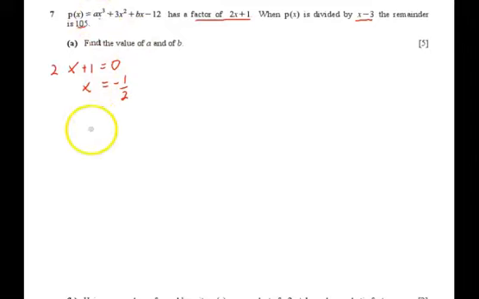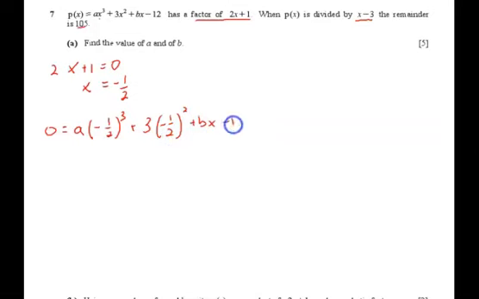Okay, so you'll be getting here 0 equals A, and this is X to the power of 3, right? So 1 over 2 to the power of 3, and here will be 3, 1 over 2 squared, plus bx, and here will be minus 12.